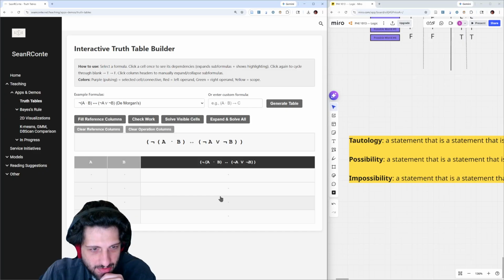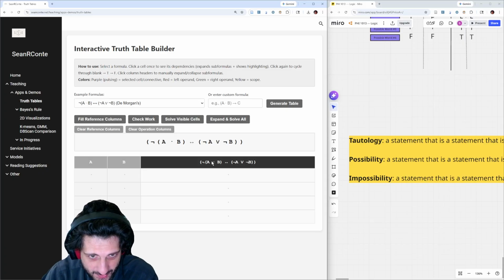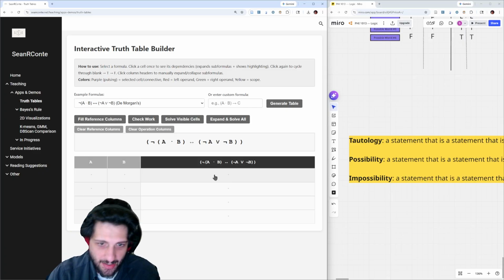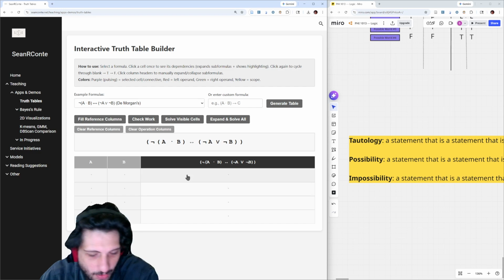It's because we only have 2 atomic statements, so we only have 2 reference columns. One atomic statement means 2 rows, true and false. 2 atomic statements means 4 rows. 3 means 8, all the way to your giant powers of 2.